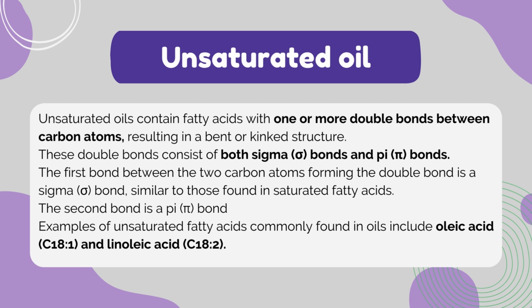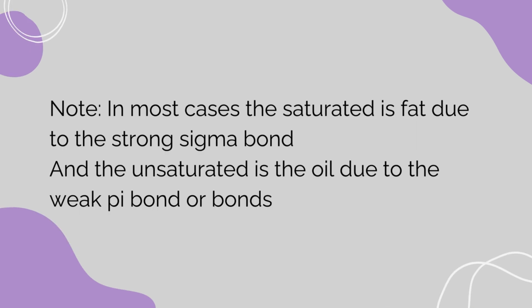The first bond between the two carbon atoms forming the double bond is a sigma bond, similar to those found in saturated fatty acids. The second bond is a pi bond. Examples of unsaturated fatty acids commonly found in oils include oleic acid, 18-carbon, 1 double bond, and linoleic acid, 18-carbon, 2 double bonds. Now here's the thing. In most cases, the saturated is fat due to the sigma bond, and the unsaturated is the oil due to the pi bond or bonds.